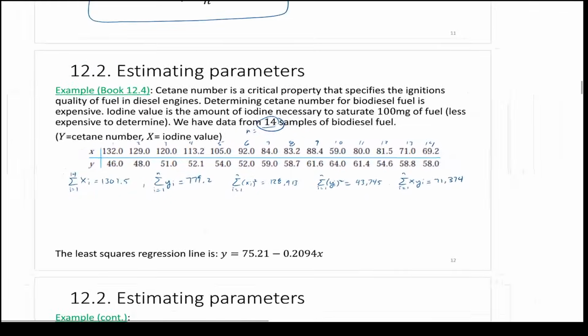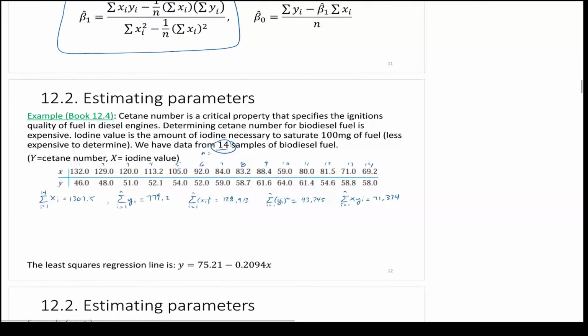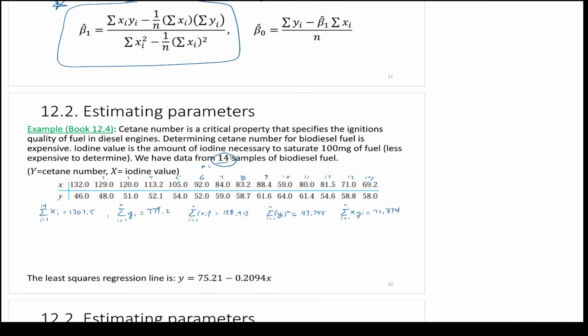And now we just need to plug and chug in our formulas. So this is going to be beta 1 hat.